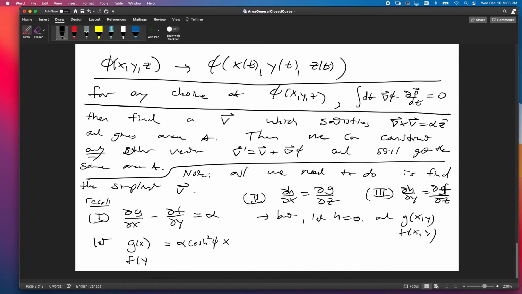And f of y, okay, so then this equation is satisfied.